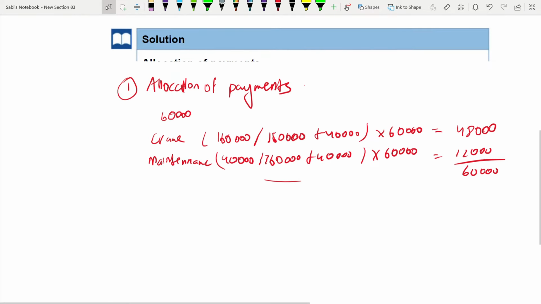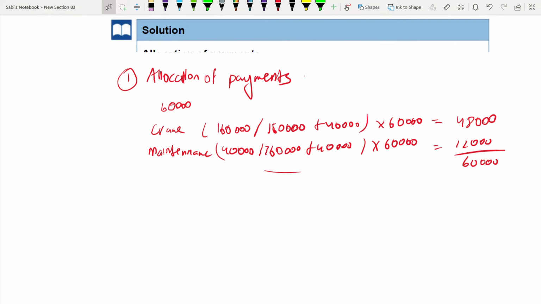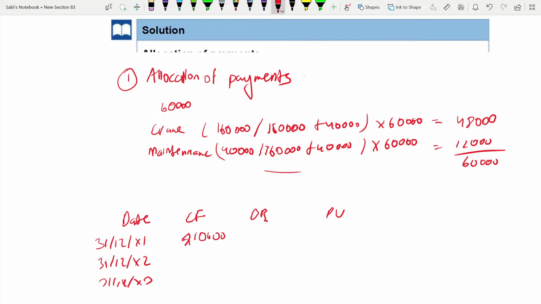Now date, cash flow, discount rate, present value. 31st December 2001, 31st December 2002, 31st December 2003, 48,000, 48,000 and 48,000. Sorry, I think one extra zero was here. This is 48,000. Discount rate is 5%.